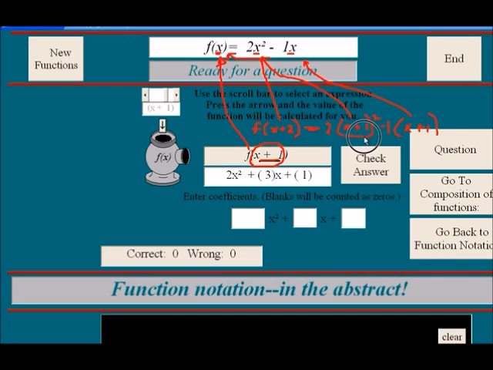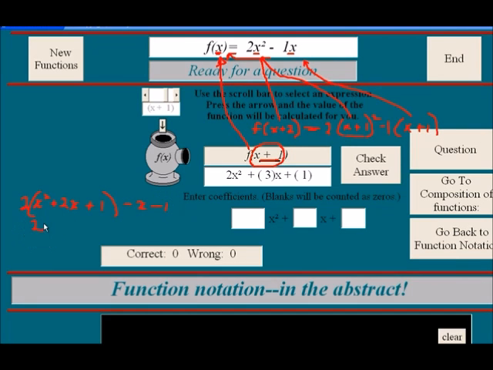Hopefully you know how to square a binomial. Square the first term, x squared; 2 times the first term times the second term, so that would be plus 2x; and square the last term, plus 1. Minus 1 times x plus 1, I'll just multiply that out now, minus x minus 1.